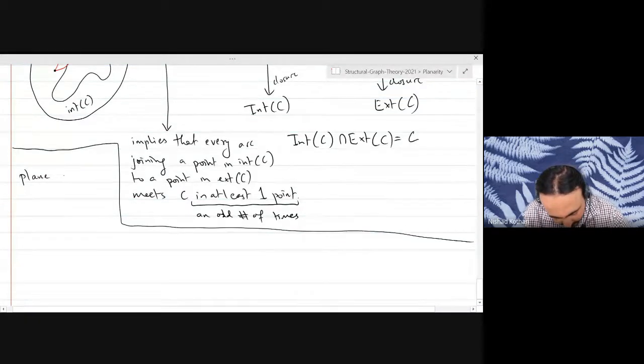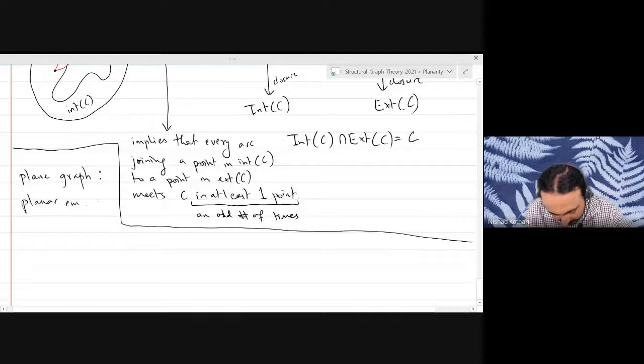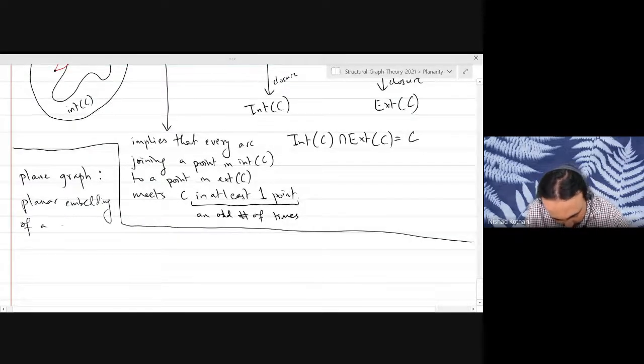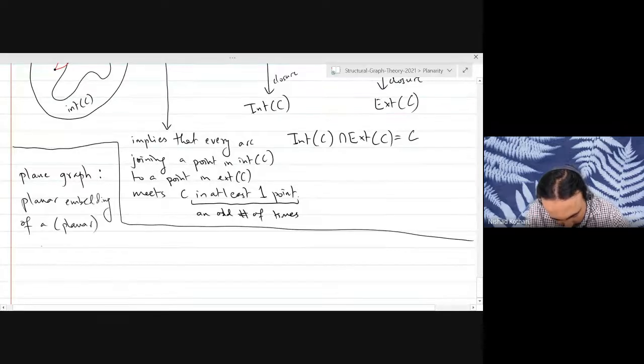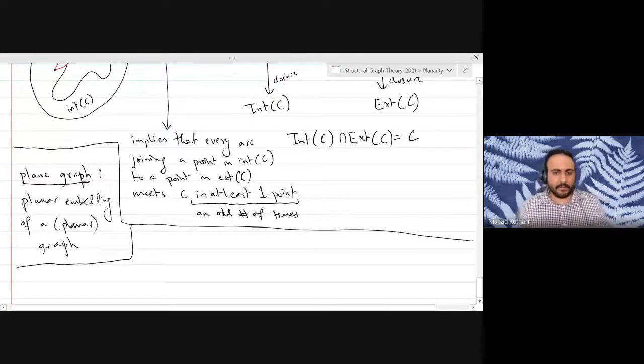Okay? So plane graph is not the same as a planar graph. It is a planar embedding of a planar graph, obviously, because otherwise you would not have a planar embedding. Okay, so I won't keep saying planar embedding of a planar graph, I'll just say plane graph.